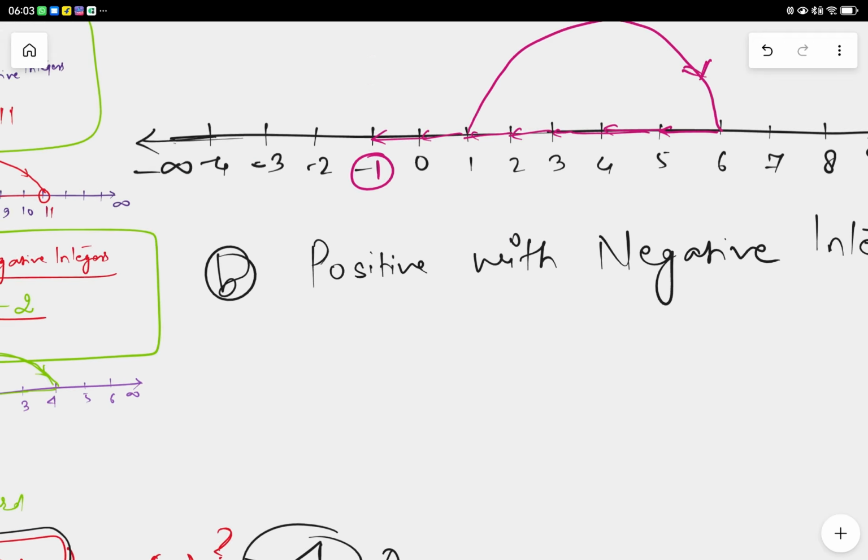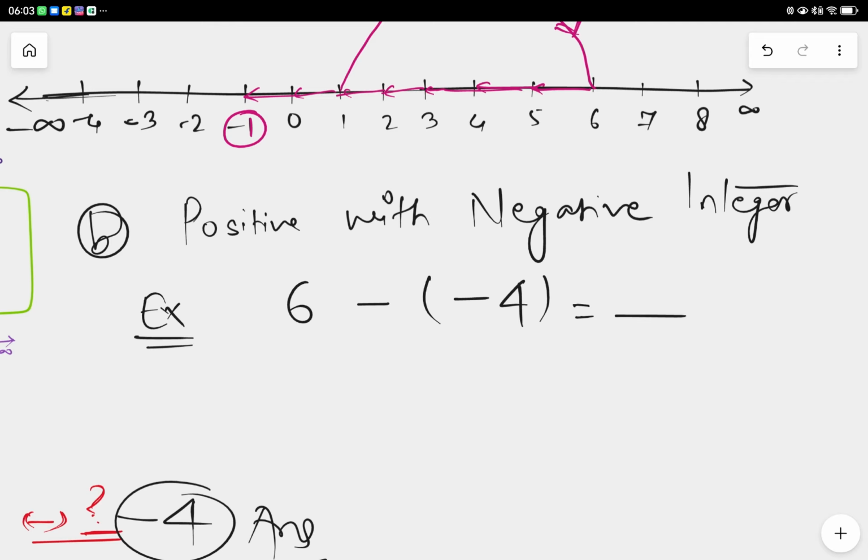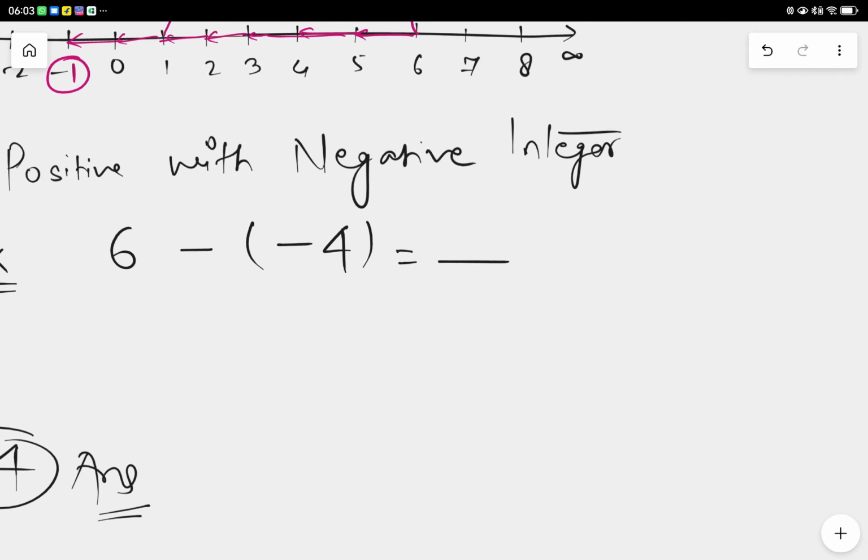Positive with negative integer. Now how will we do it? Example, 6 minus -4. What will be the answer? Okay, so let us understand by the number line system.